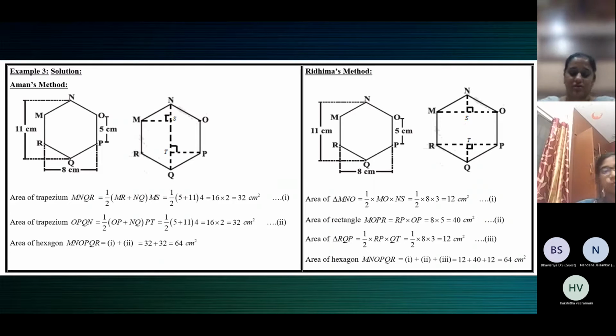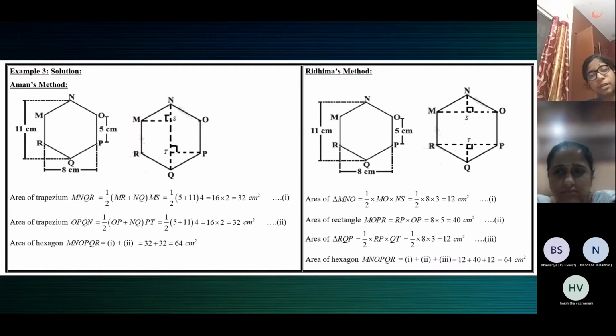Yes, ma'am, I have a doubt. How can NS be 3 centimeters, ma'am, and not 4 centimeters?